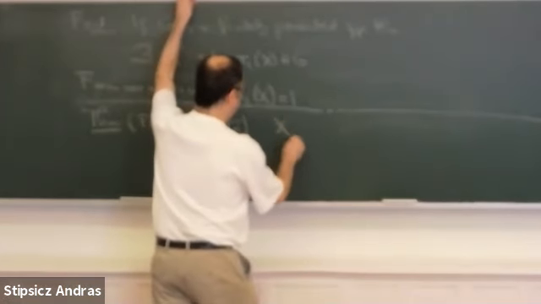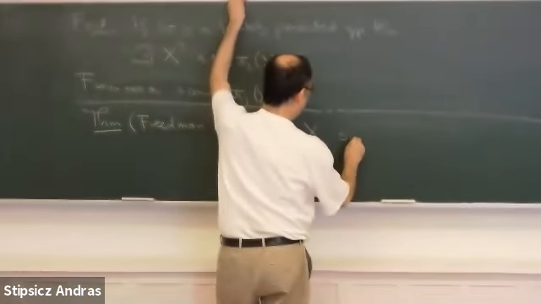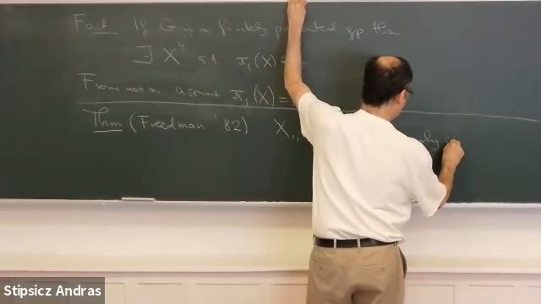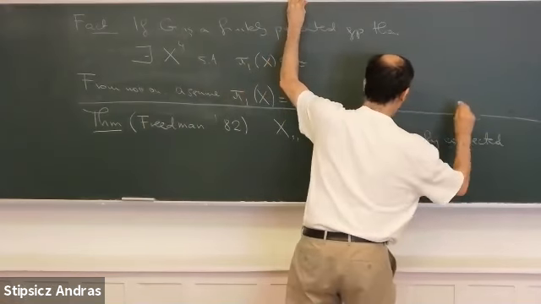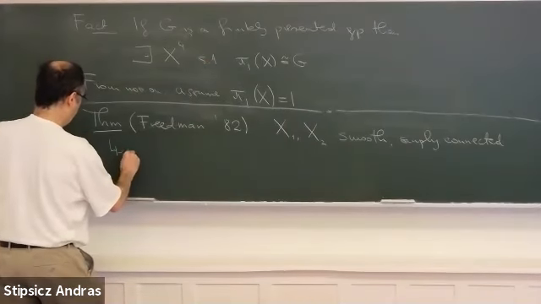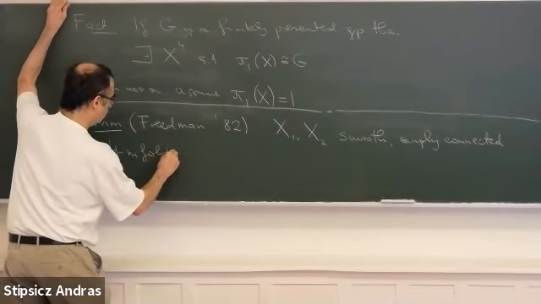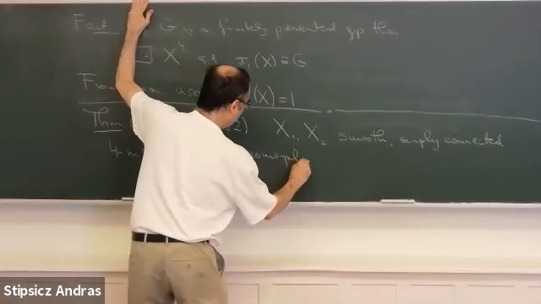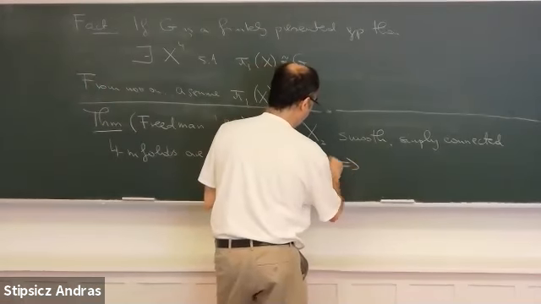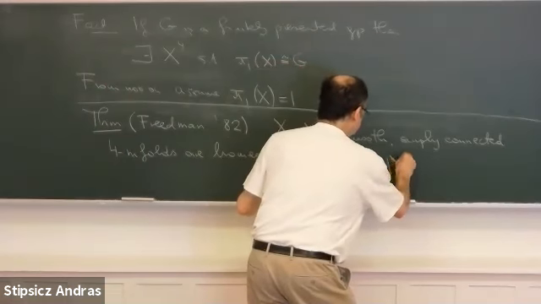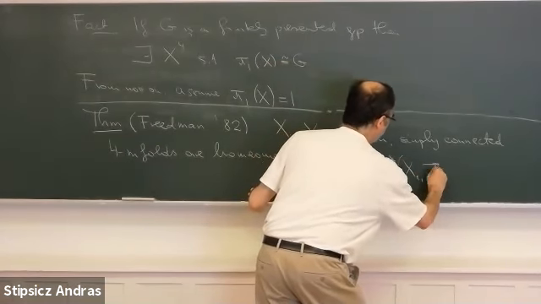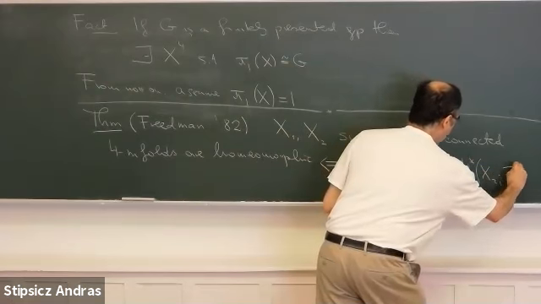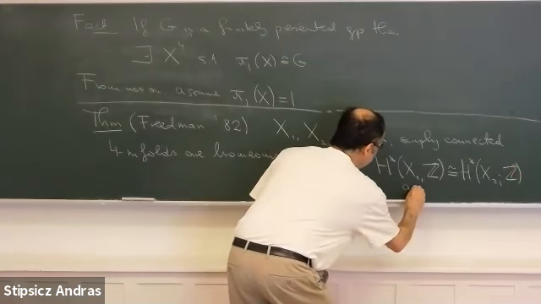X1, X2, smooth, simply connected four manifolds, are homeomorphic if and only if their cohomology rings are isomorphic, as rings.